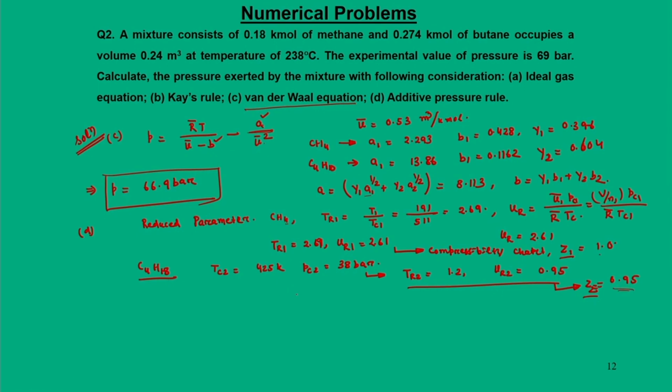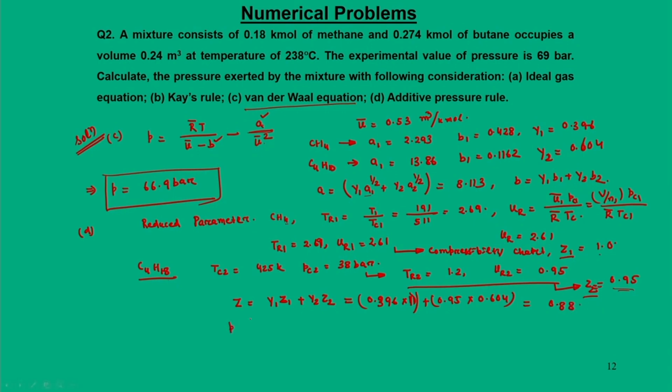So, the effective compressibility factor, Z is equal to Y1 Z1 plus Y2 Z2, and this number we can write as 0.396 into 1 plus 0.95 into 0.604. So, this value would be 0.88.